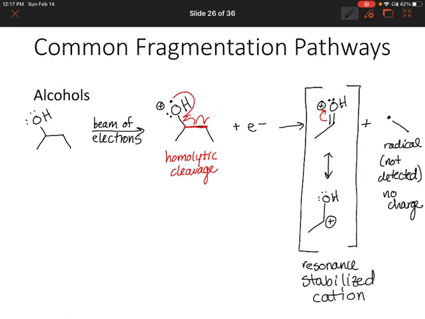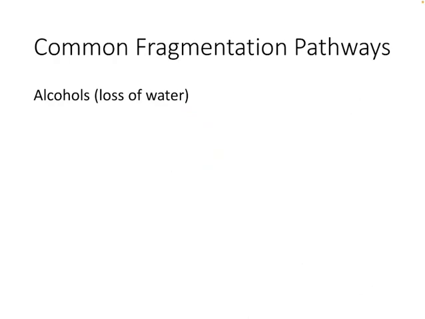Now let's talk about alcohols a little bit more because there's another loss that could occur from an alcohol. So you could lose a water molecule. So let's say we have this alcohol here. And again, we put this into our mass spectrometer and we shoot a beam of electrons at it.